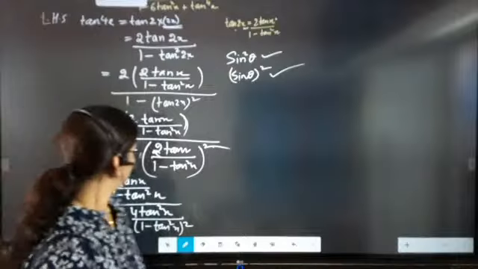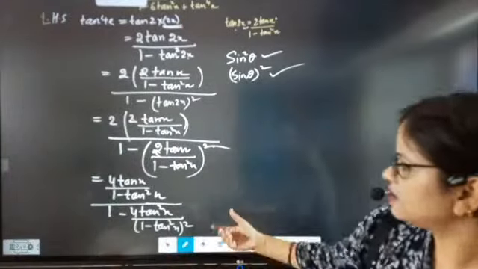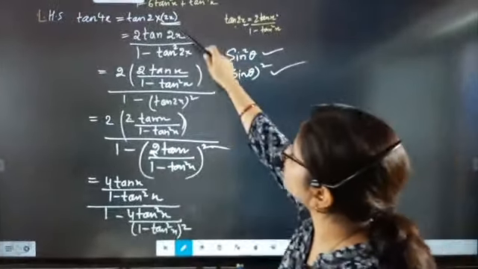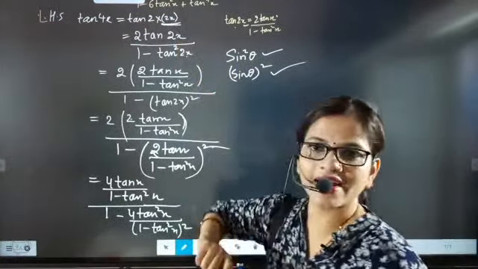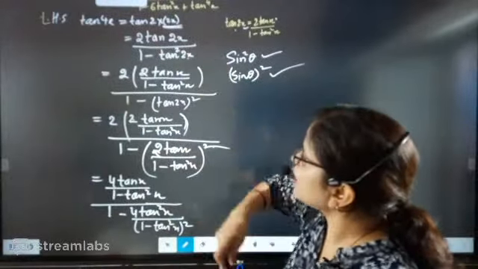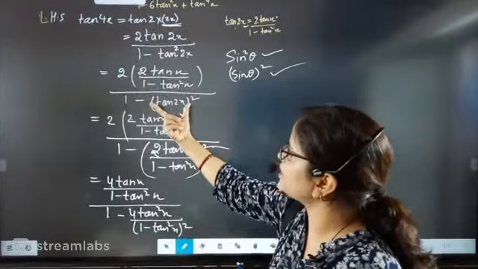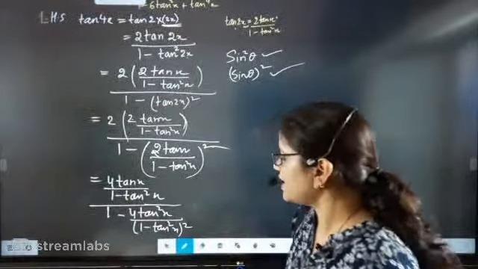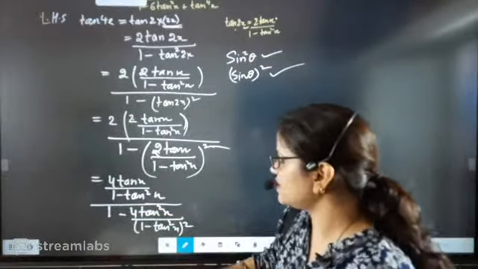Now what you have to do? The question is one step, two steps away. What we have done? First we have opened with 2 into 2 tan x, and after opening we have again opened by the tan 2x formula. Both numerator and denominator, same work done. And here beta, now you multiply with this one, take LCM.